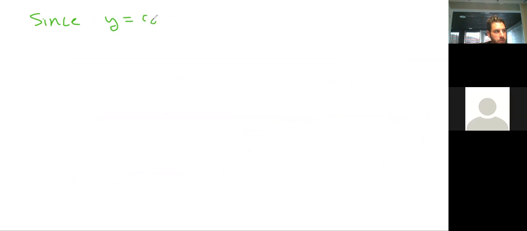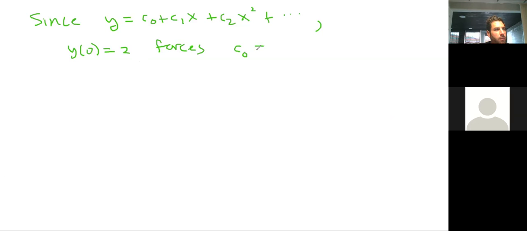It's c sub 0 plus c sub 1 x plus c sub 2 x squared, etc. Since this is the case, y of 0 equaling 2 forces c sub 0 to be equal to 2. So plug 0 in for all the x's, and you get c sub 0 has to be 2.